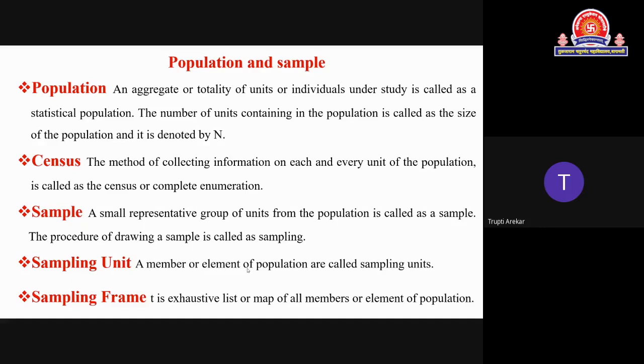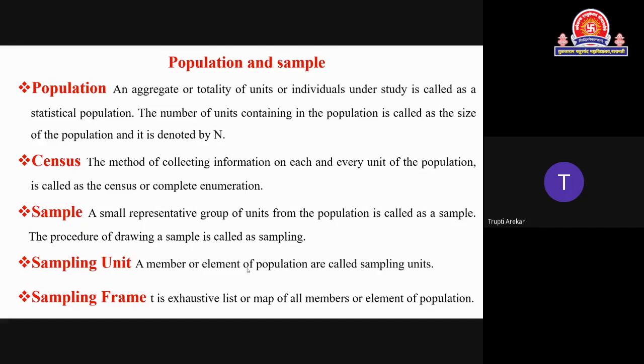So here, population not only means the number of human beings in a particular area, it may be a group of employees, a collection of books, total industrial production, and so on. In statistics, we can define it as: an aggregate of objects or individuals under study is called population or universe.